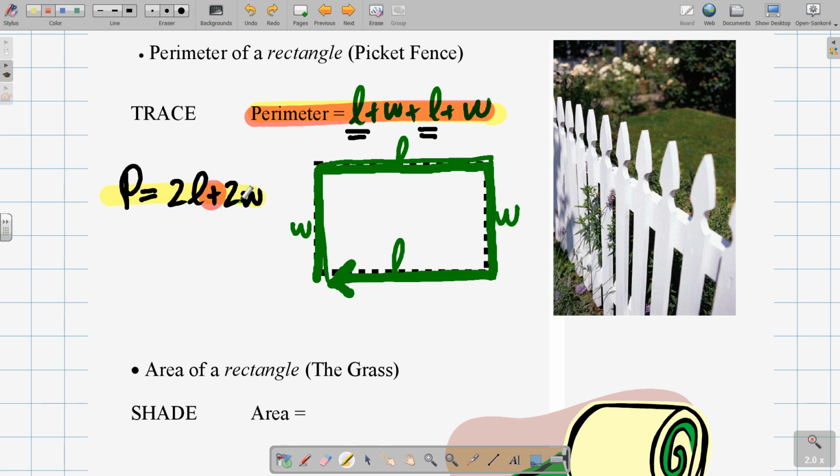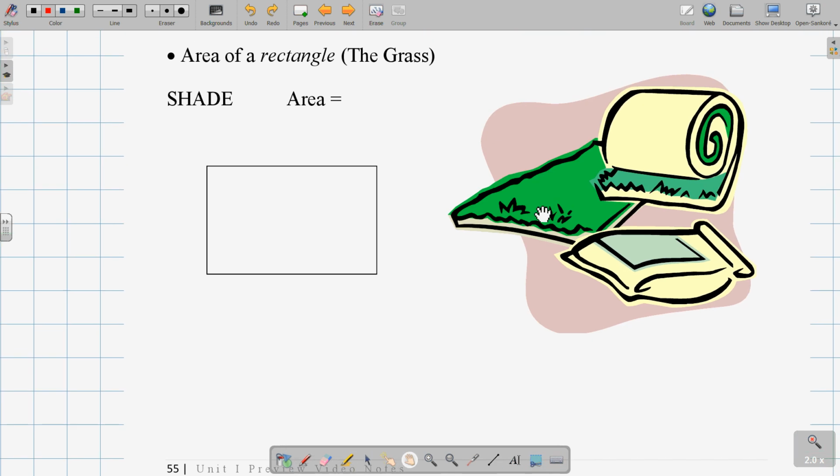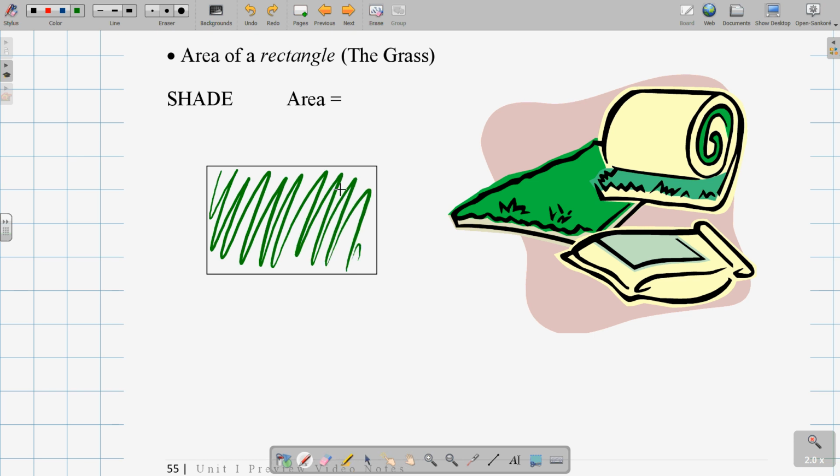So perimeter, think picket fence. Area, I want you to think grass. I'd like you to physically shade the area. And for a rectangle, area equals length times width. We're going to use these in the next couple problems.